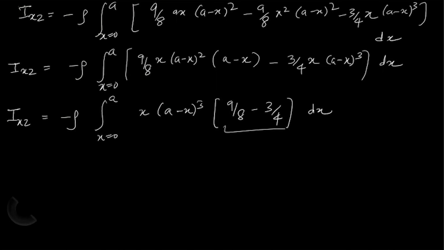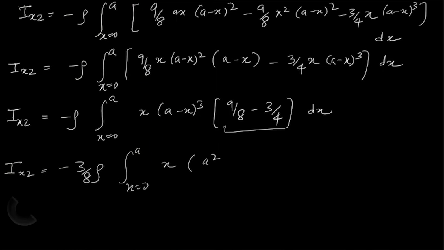So we can solve this. So this is 9 minus 6 over 8, that is 3 over 8. So we can take this 3 over 8 outside with rho. So this Ixz is equal to minus 3 over 8 rho integral x, 0 to a, (a minus x) whole cube.